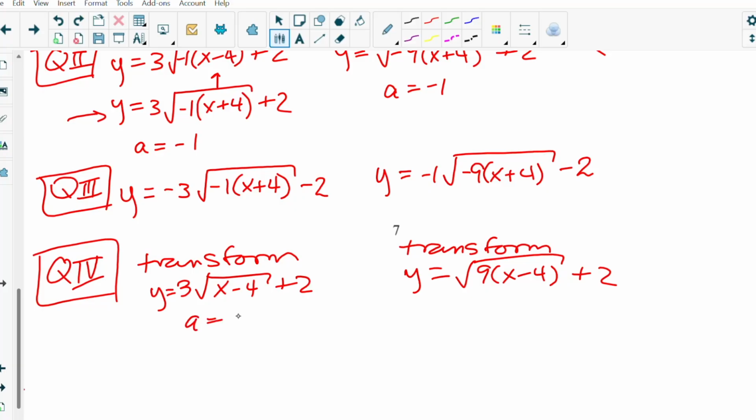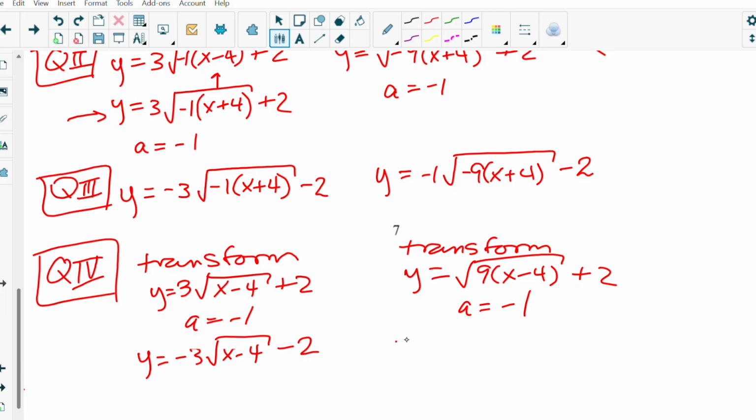I'm going to transform this with an a value of -1. So if I'm going from quadrant 1 to 4, I'm doing a reflection in the x-axis. When a equals -1, that's -3 times square root of x minus 4 plus 2. But I need to adjust the plus 2. It needs to become a -2 to actually be in quadrant 4.